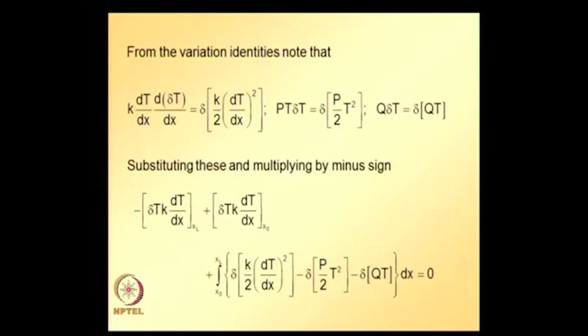Multiplying the entire equation by minus sign, we get this equation. And if you see the first two terms, they are related to the boundary conditions that are given, because k times derivative of t with respect to x at x is equal to xl is given, and also k times derivative of t with respect to x at x naught is also given.